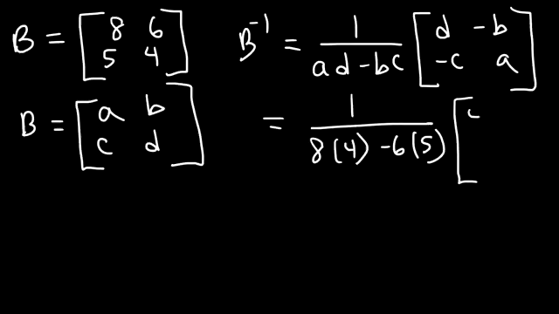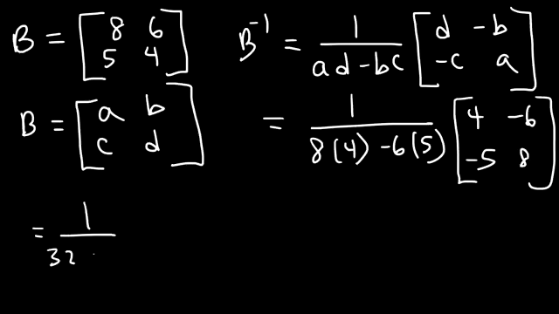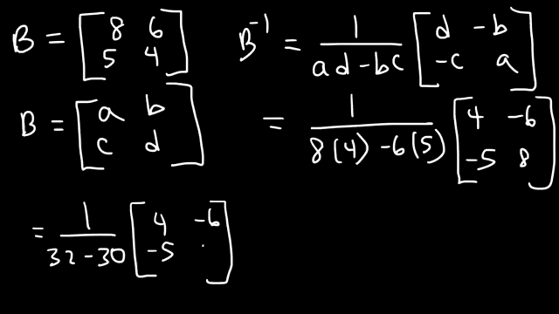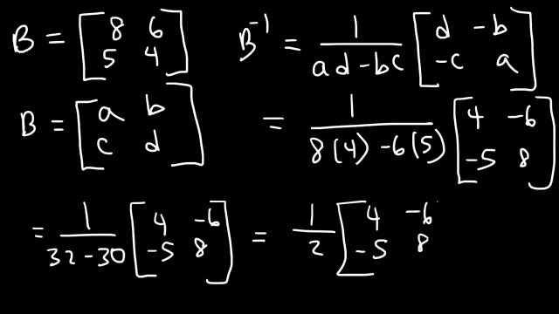So D we said is 4, negative B is negative 6, negative C is negative 5, and A is 8. Now, 8 times 4 is 32, and 6 times 5 is 30. And 32 minus 30 is 2, so we have 1/2 of 4, negative 6, negative 5, and 8.